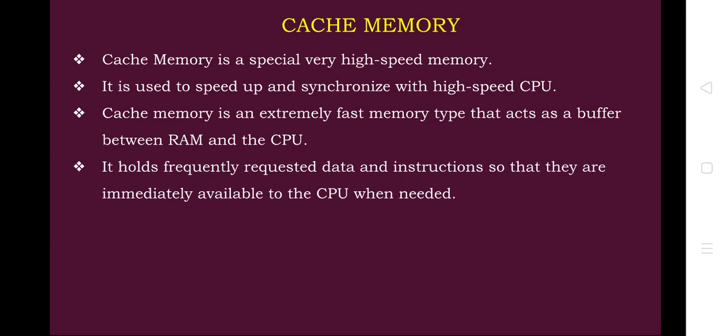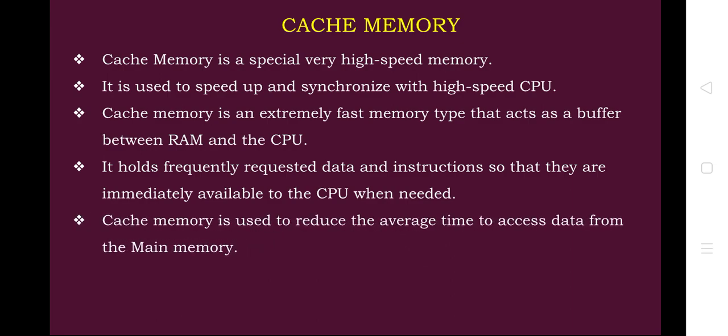It holds frequently requested data and instructions so that they are immediately available to the CPU when needed. Whenever the CPU is in process, it needs some data and instructions. Instructions are the programs, or parts of the programs. So the frequently requested data or instructions will be fetched into the cache memory so that the CPU can access this information very fast and do the process at speed.